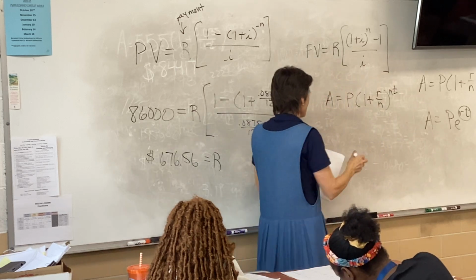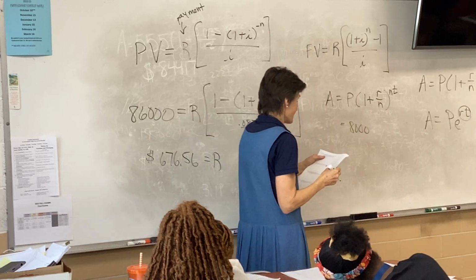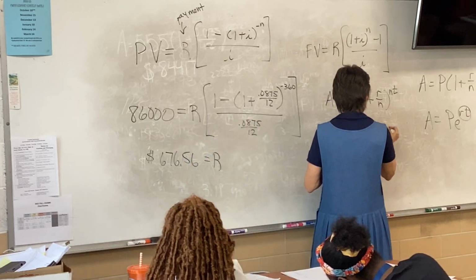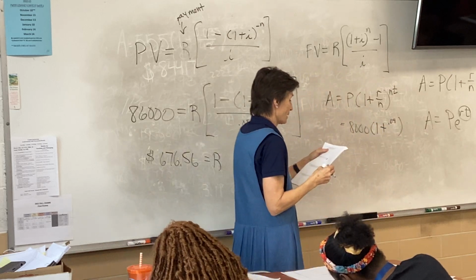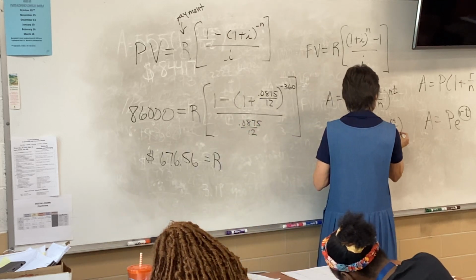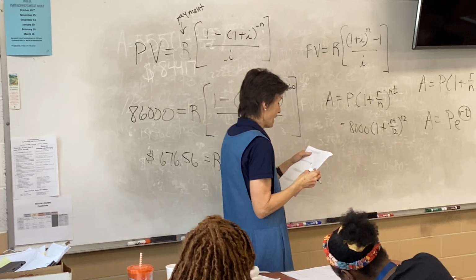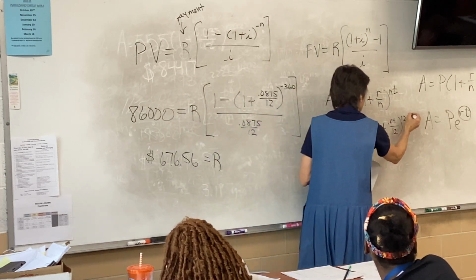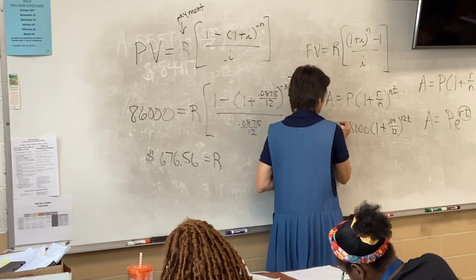She invests 8,000, has a 9% interest rate, compounded monthly. How long will it take to get to 16,000?